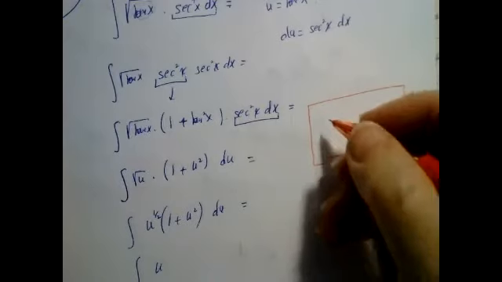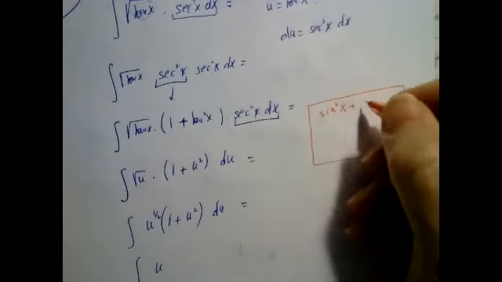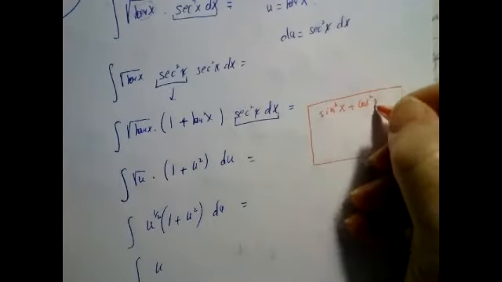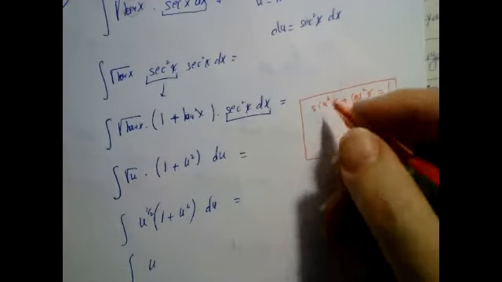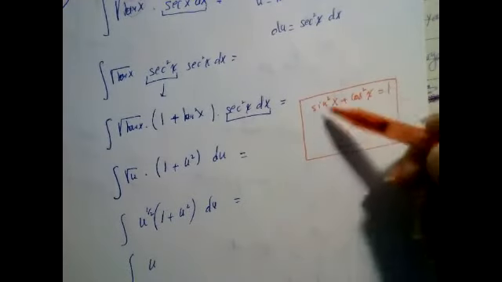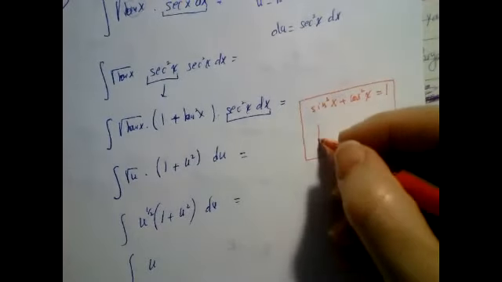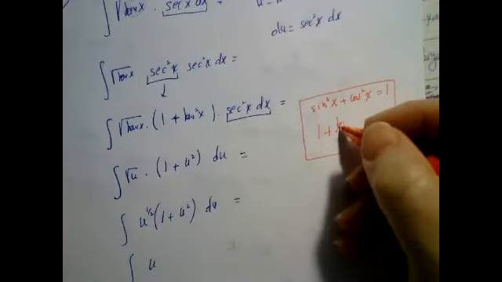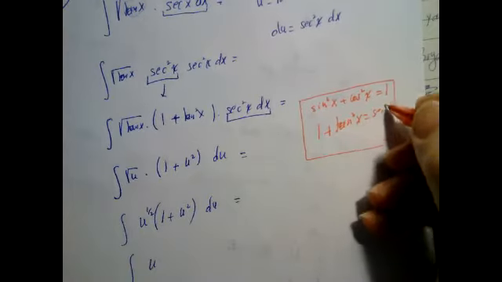The two things. First, sine square plus cosine square equal 1. Total memory, because you guys will use that. And as I said yesterday, divide across by cosine square. This will give you that 1 plus tangent square equal secant square.